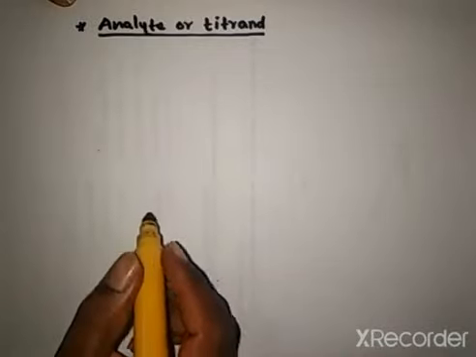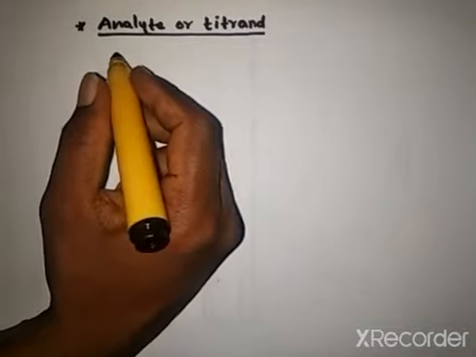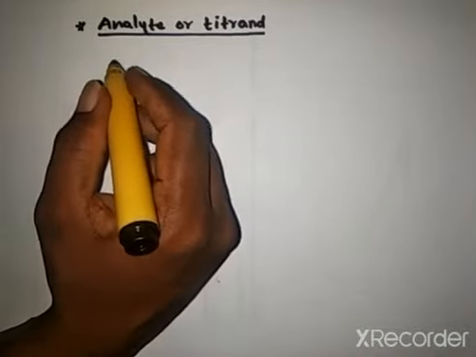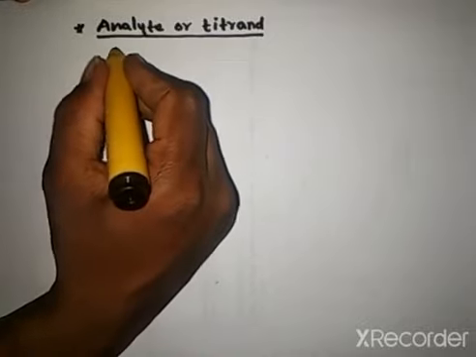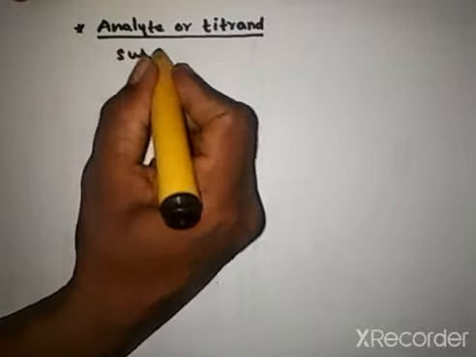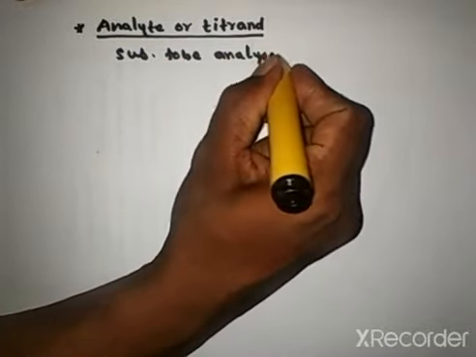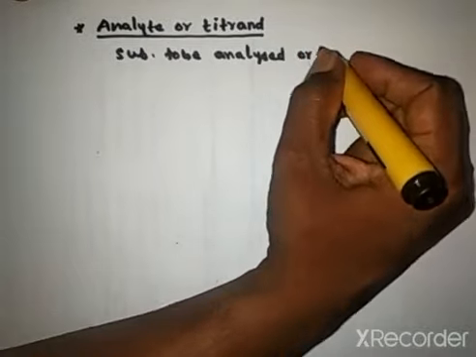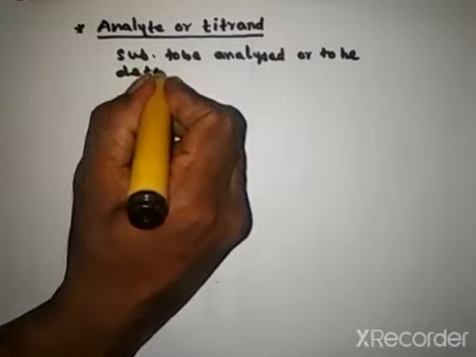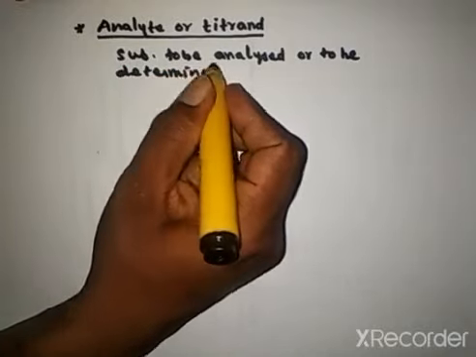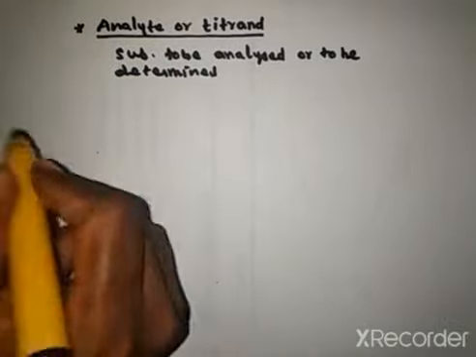In the titration, if you are going to estimate a particular substance present in the solution, that is called analyte. The substance to be analyzed or determined in solution is called analyte.